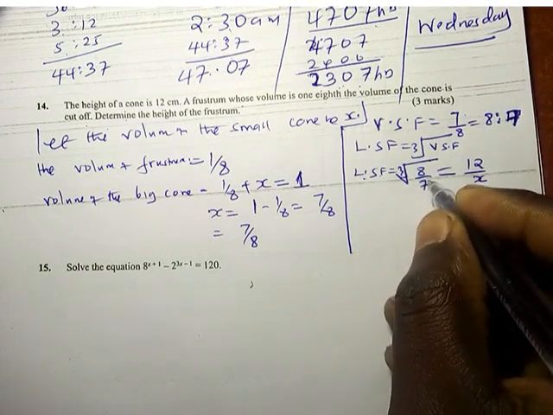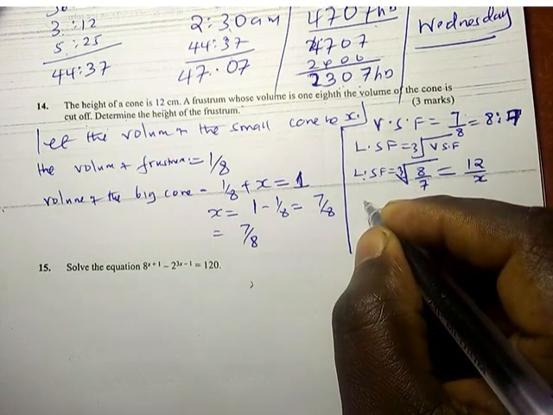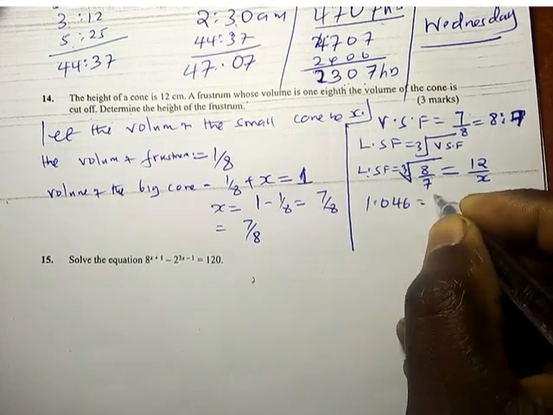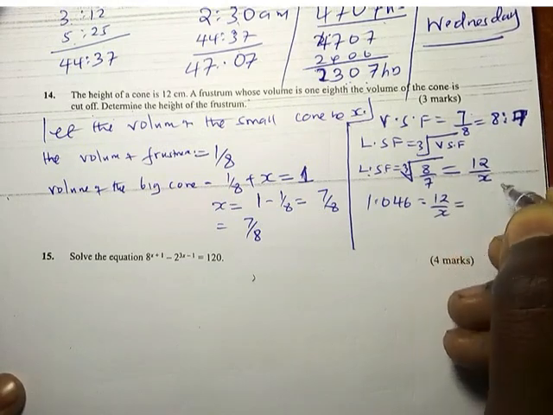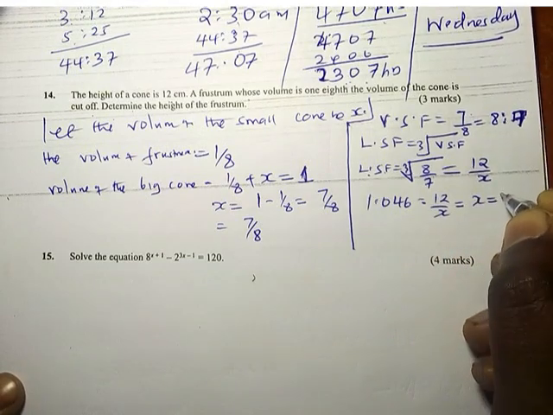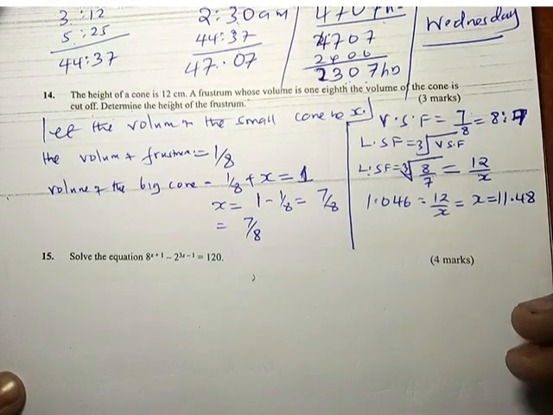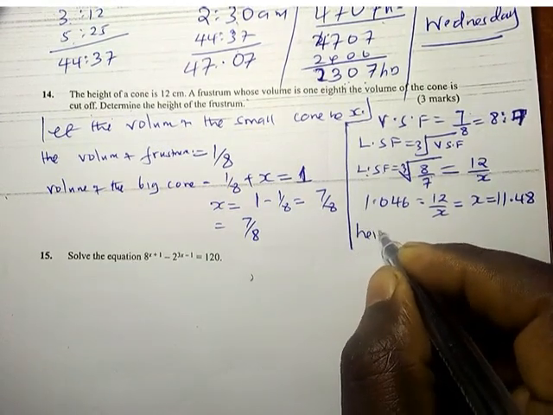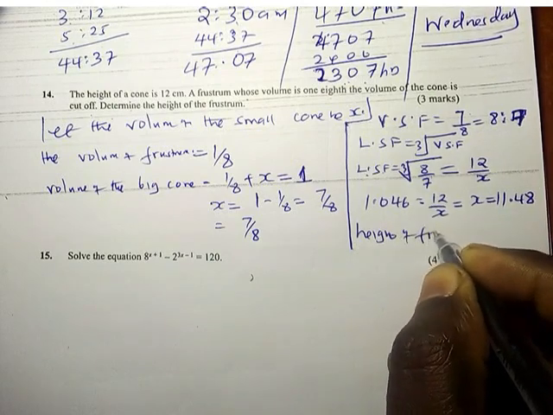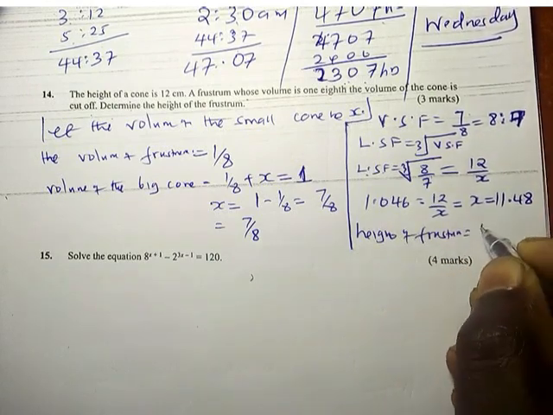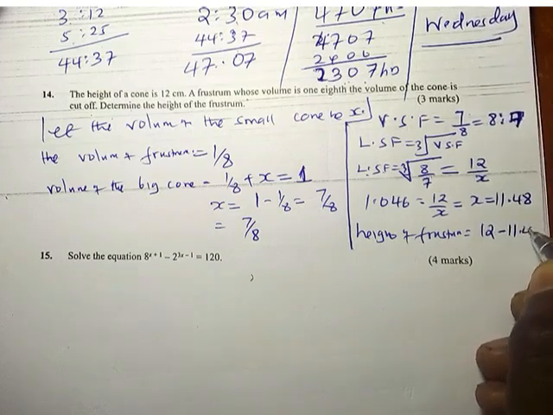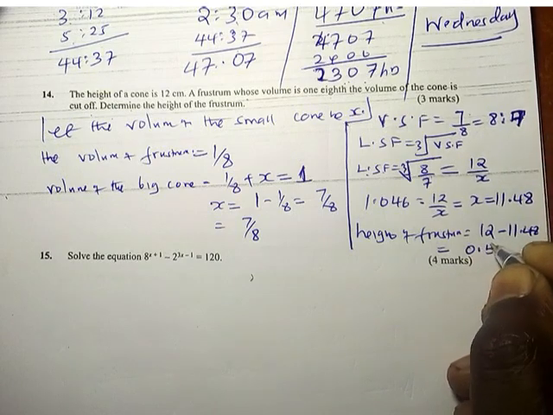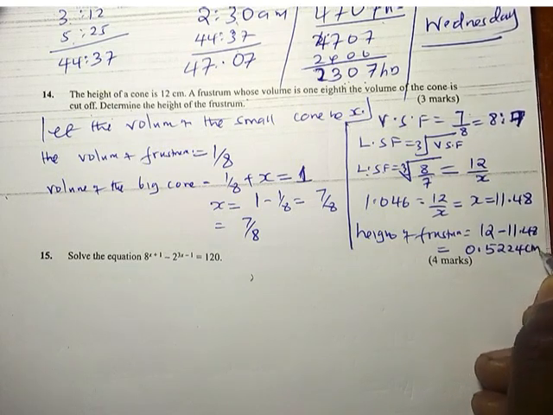So this one is going to be 1.046 equal to 12/x. So x is 11.48. So the height of the frustum is equal to 12 minus 11.48, and that one is 0.5224 centimeters.